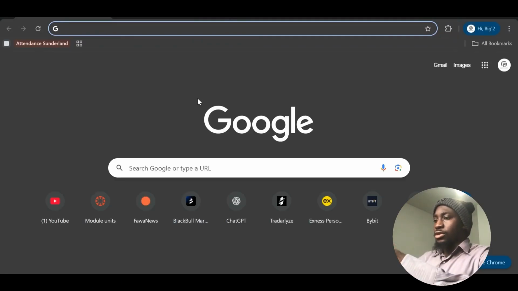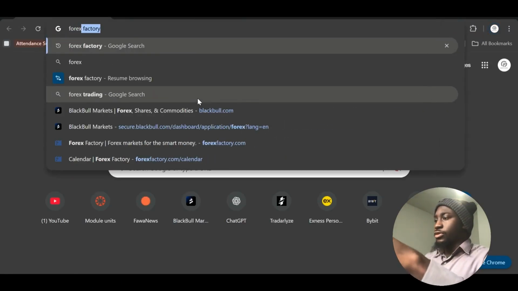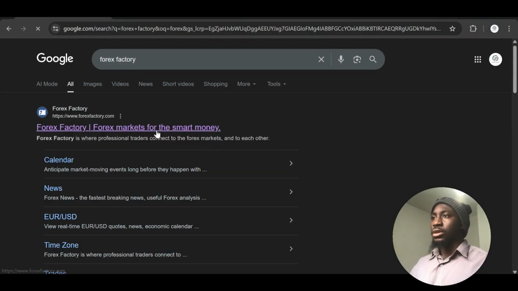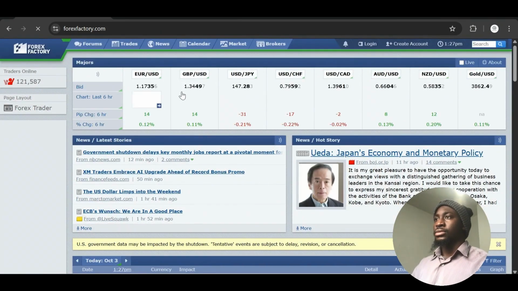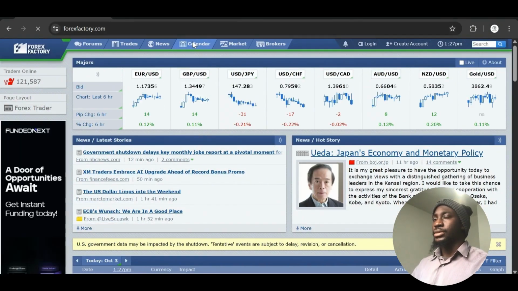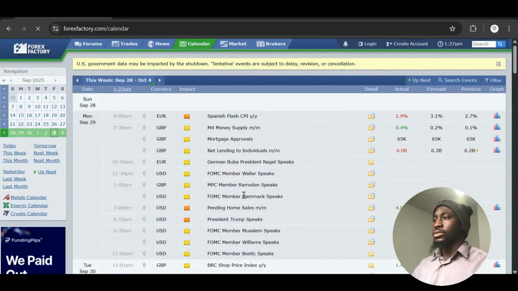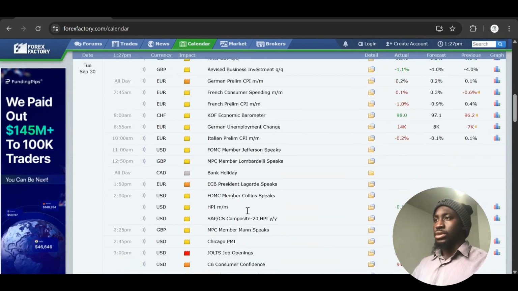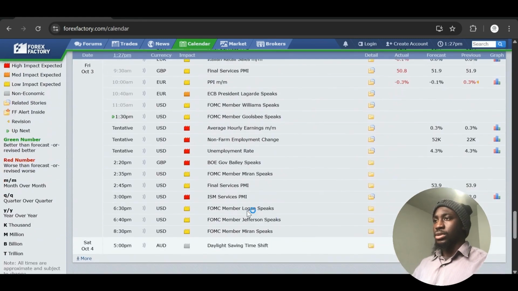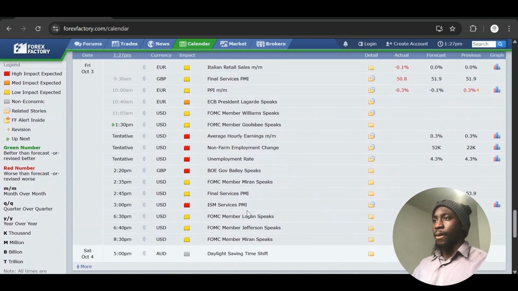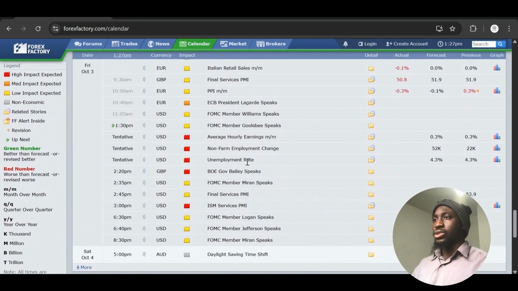Let me check the Forex calendar, let me see something. Jesus. Tentative.